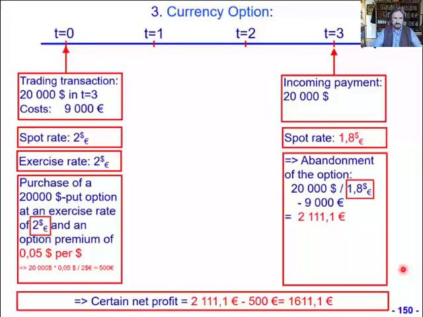These three examples show that in a system of flexible exchange rates, private companies do not necessarily have to suffer from exchange rate risk. So, international trade is possible without exchange rate risk, if we have free access to international financial markets that offer us the possibilities we have just discussed.